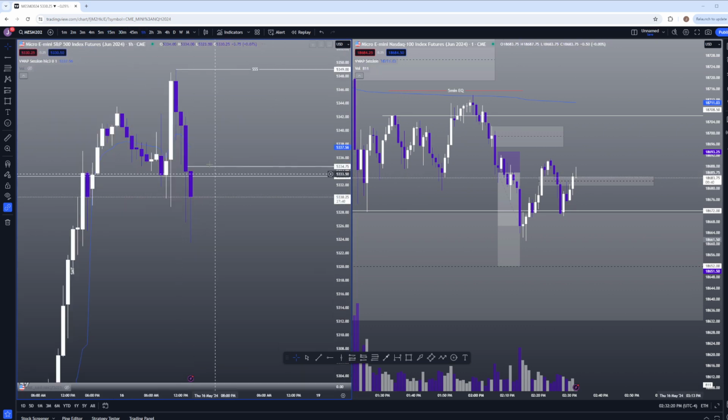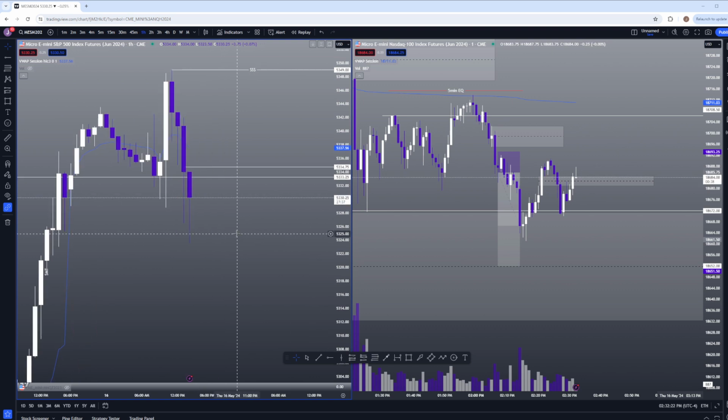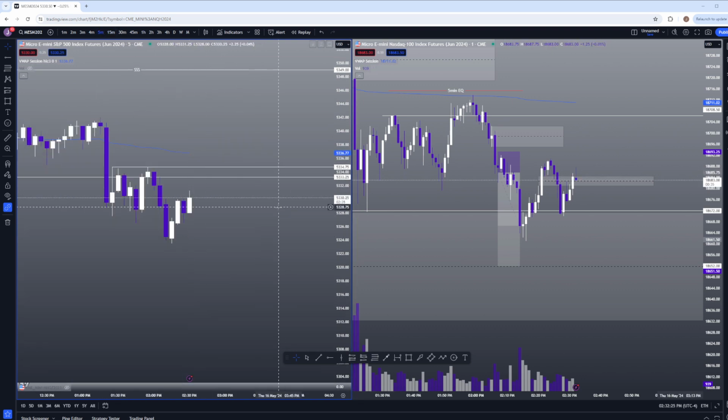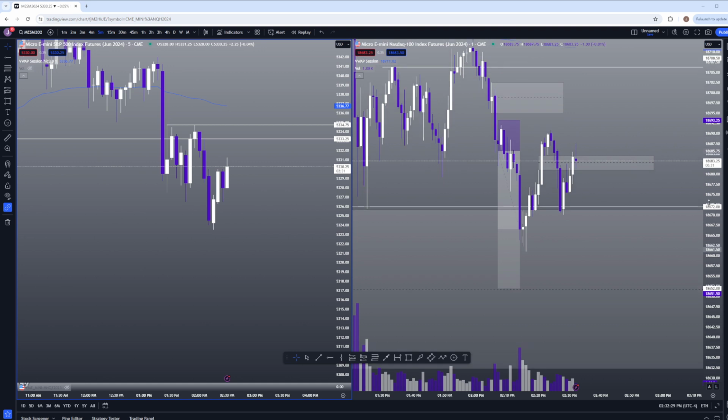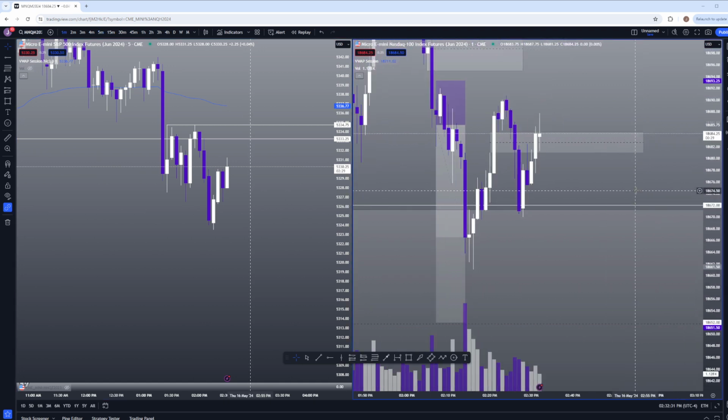No displacement on the 30. Yeah, I agree. That's why I keep my strategy pretty simple. For the most part, I keep my strategy pretty simple.